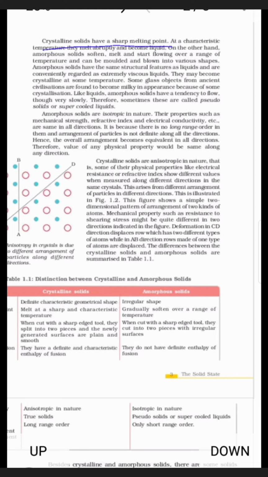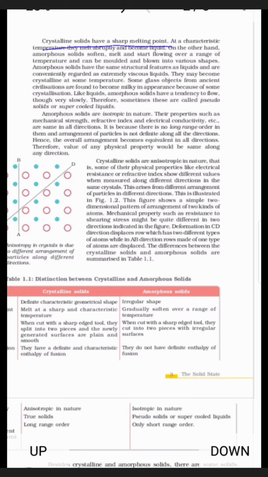On the other hand, amorphous solids are soft, melt and start flowing over a range of temperature, and can be molded and blown into various shapes. If you consider amorphous, it does not have any ordered structure.